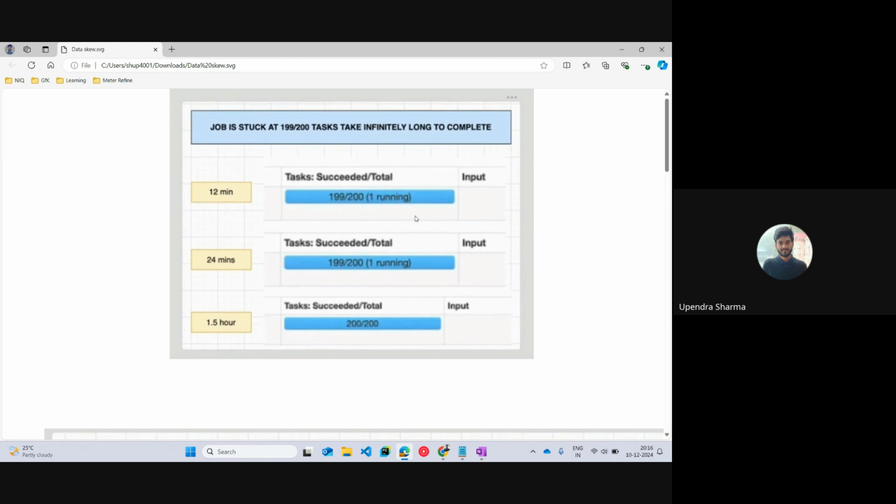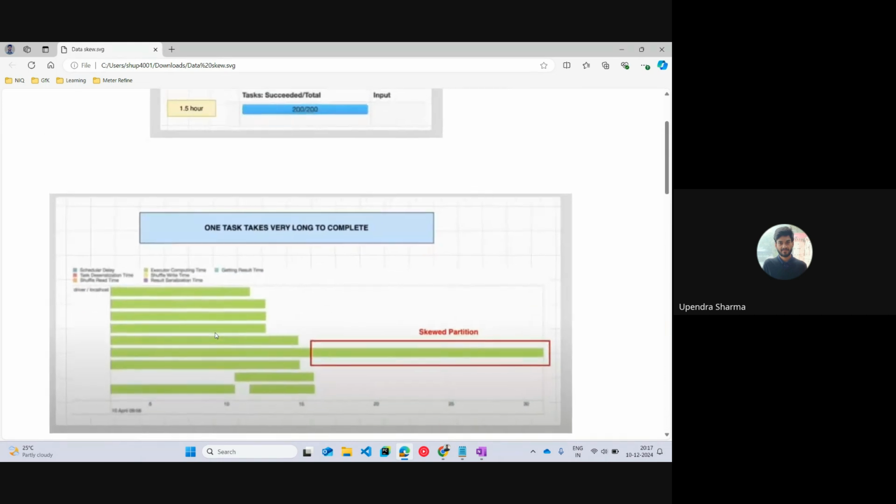If this one job was completed after 15 or 20 minutes, then we would have got our output, right? But this one job took more than 1 hour to complete, so our result got delayed by 1 hour. This is basically the problem that arises when we have data skewness.